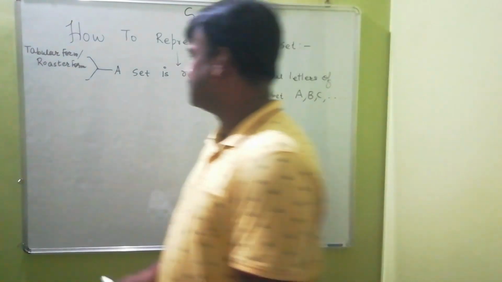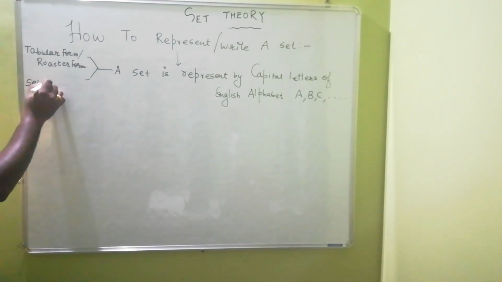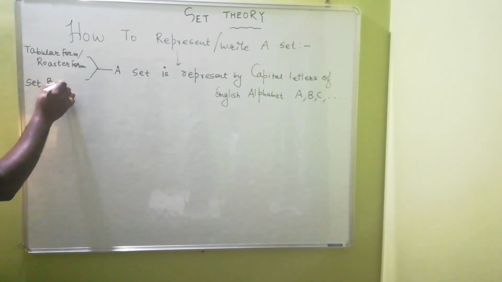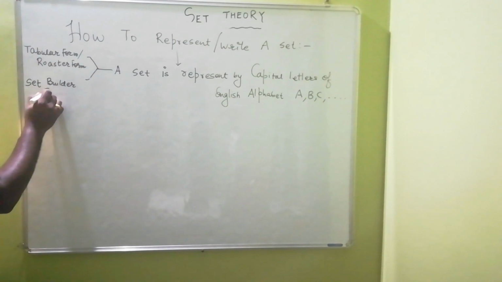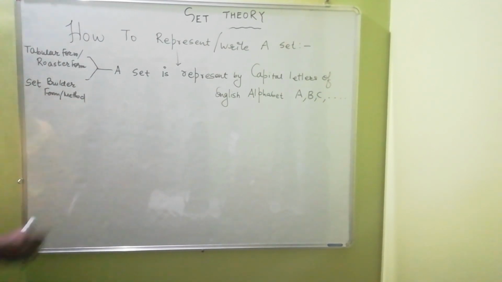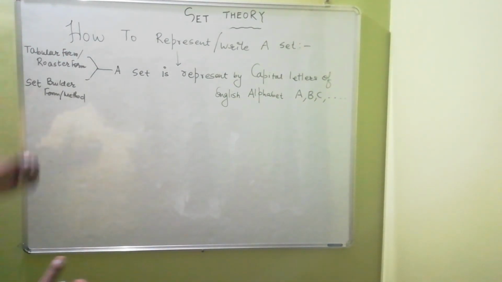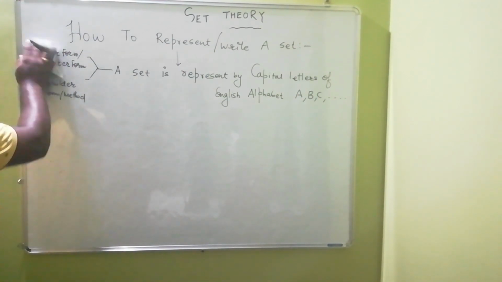And another one is set builder form or method. In this we write a common property of the members of that set. So let me start with tabular form and then I will go to set builder form.